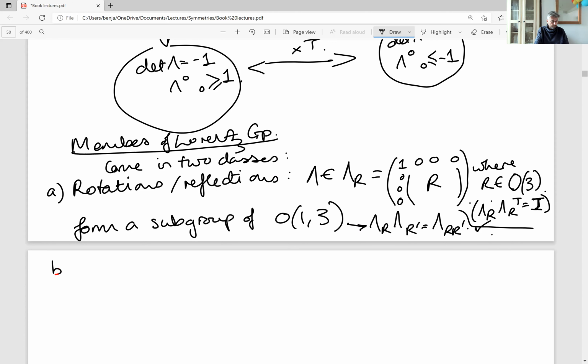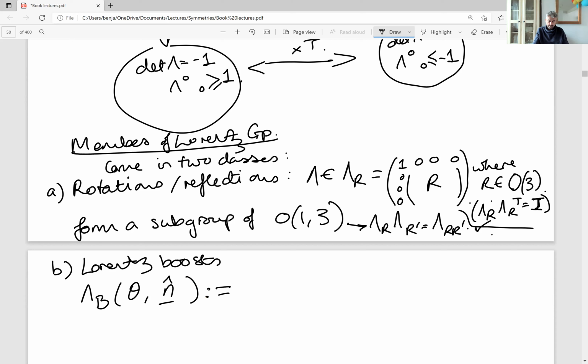Okay, B, we have Lorentz boosts. So these ones have a different form. We can describe them by an angle and some fixed axis n. So this is defined to be a 4 by 4 matrix where we have cosh theta, sinh theta times n transposed. So again, I've split it up into a 3 by 3 lower block.